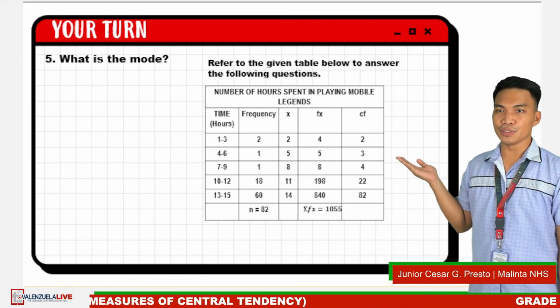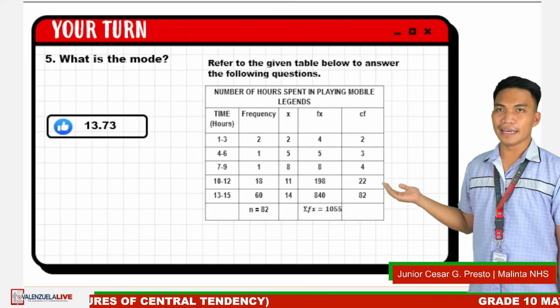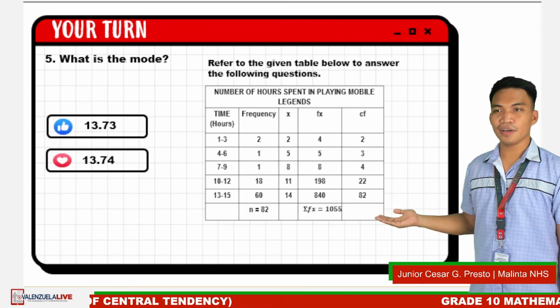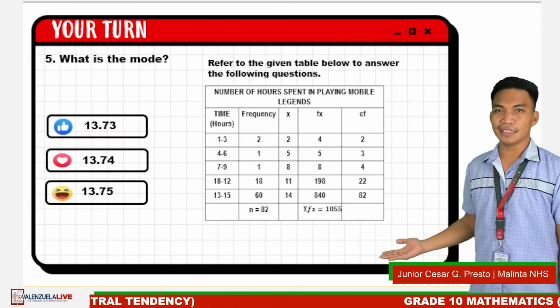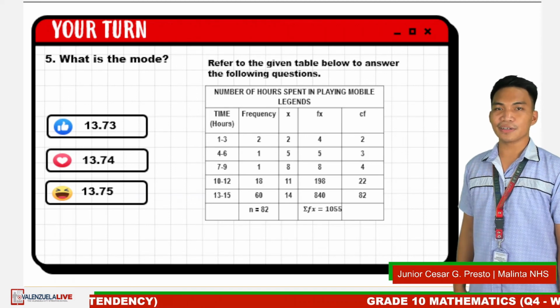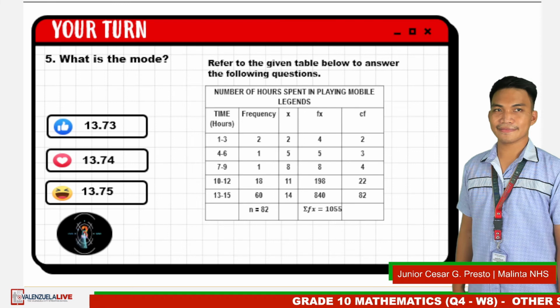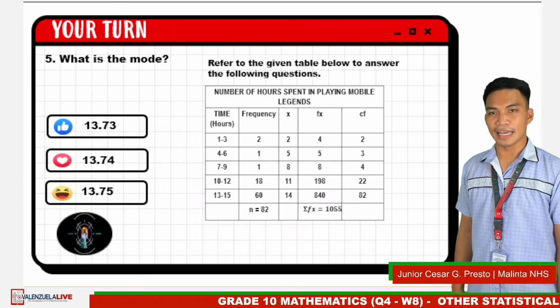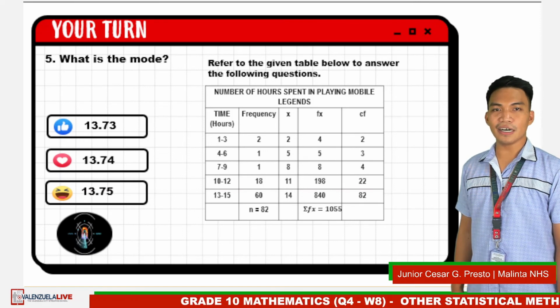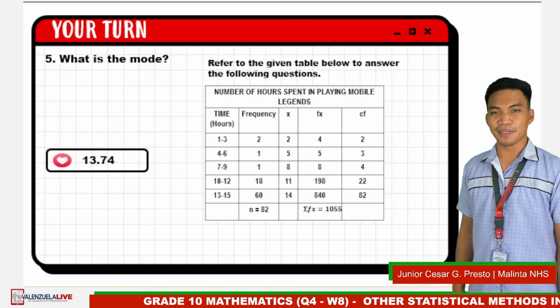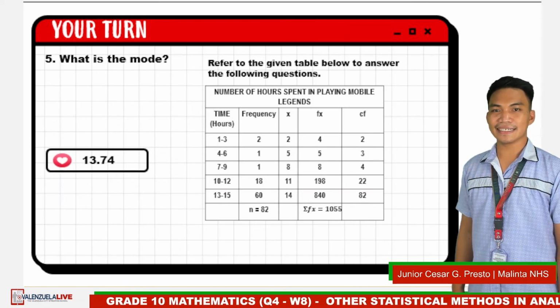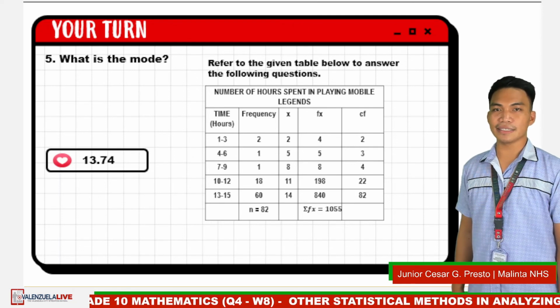What is the mode? Is it like, love, or haha? You've got 5 seconds. Go. Time is up. If you've hit the love react button, perfect. You're right. Let's move to the last question.